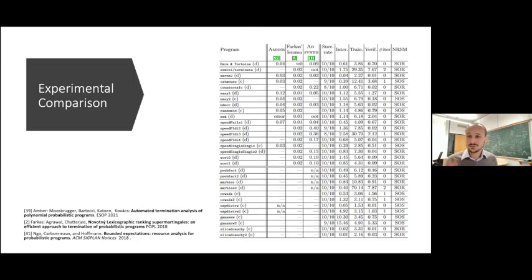We have compared this also with the state of the art. It turns out that even though we are slower than the state of the art, in this case, we can solve more problems. And this is due to the fact that our method for learning the ranking function is agnostic with respect to the program. It doesn't need to know anything about the program. It only needs to have this testing set, so these data that are sampled.